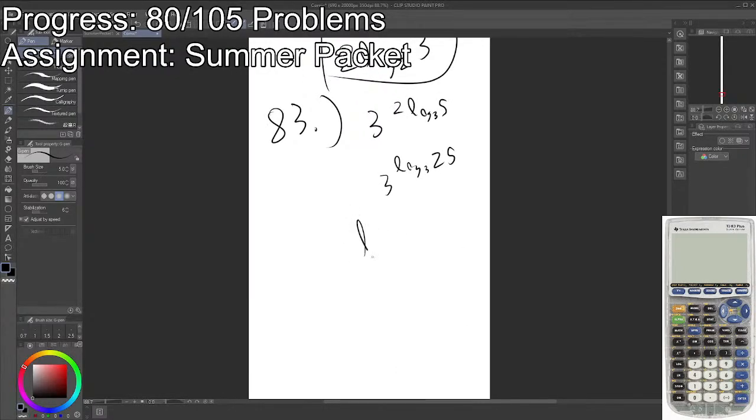I can just like get rid of the 3 like that. Or no. I'm gonna photo mount this one, it's like weird.